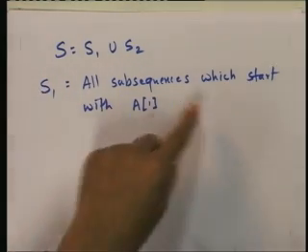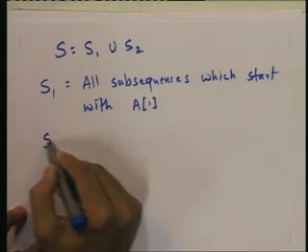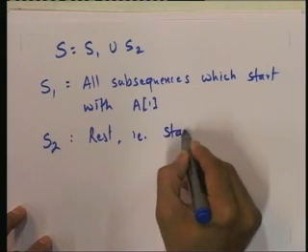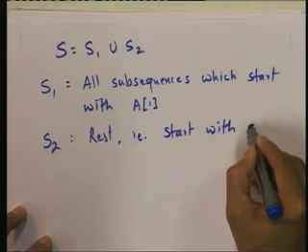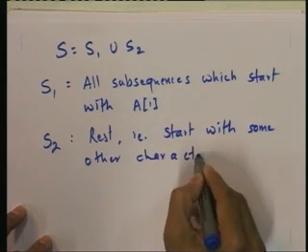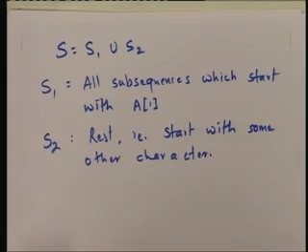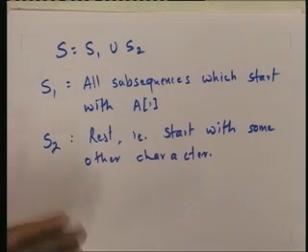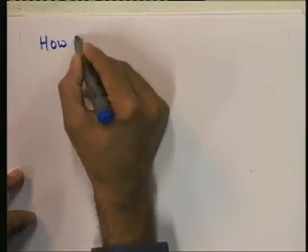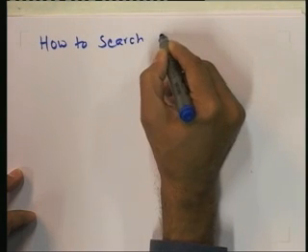So, S1 is going to be all subsequences which start with A1, S2 is the rest, that is start with some other character. Okay. Now, this is the strategy we are going to develop further, but you will see that the idea of this development can also be used for the previous strategy. Okay. So, now we need to define a recursive procedure for searching S1. So, our question is how to search S1.